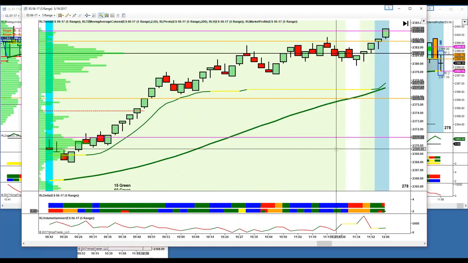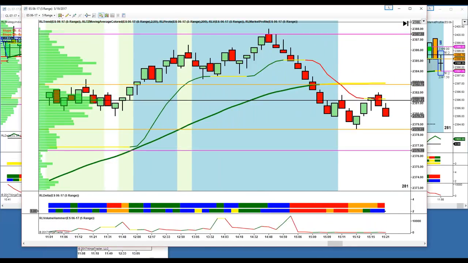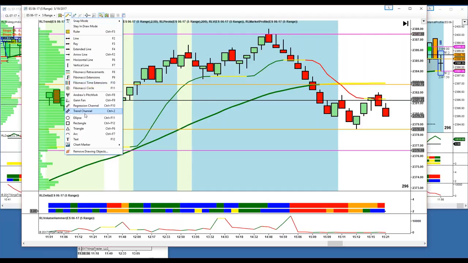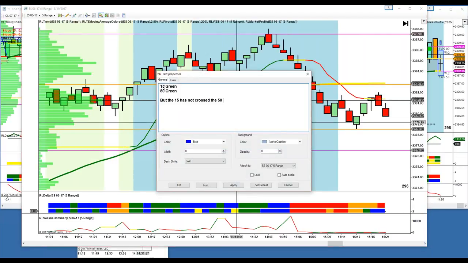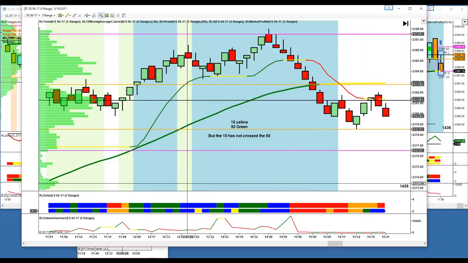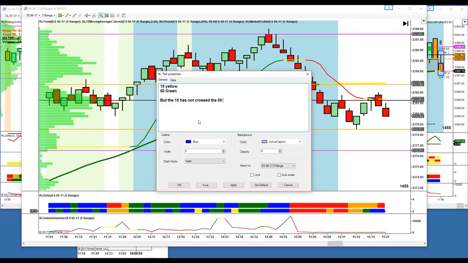And then when you get the light blue, this blue, you've got the 15 yellow on the higher time frames. And the 15 has crossed. So each one creates a risk assessment for you.